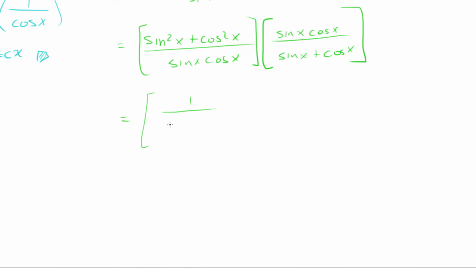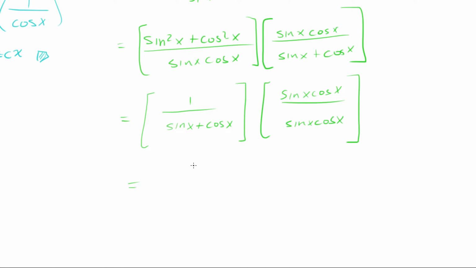And then I'm going to switch this one, so sine of x plus cosine of x, and I'm left with sine of x cosine of x over sine of x cosine of x, using the commutative property. Now that's equal to 1 as well, and you're left with 1 over sine of x plus cosine of x, which is your answer.